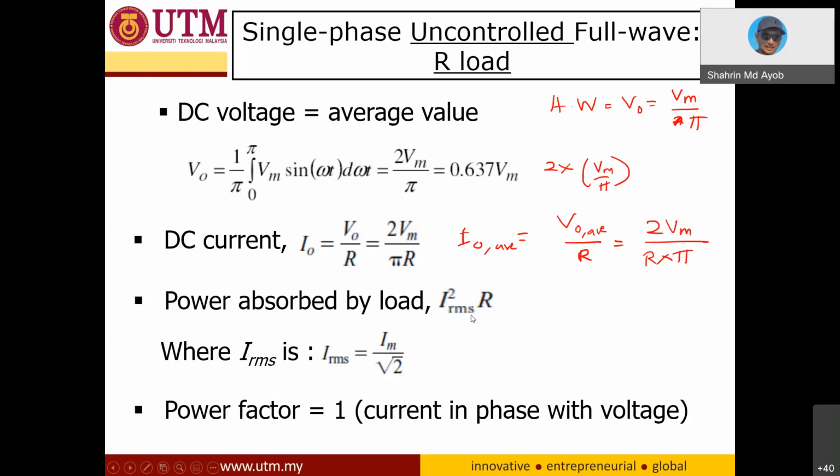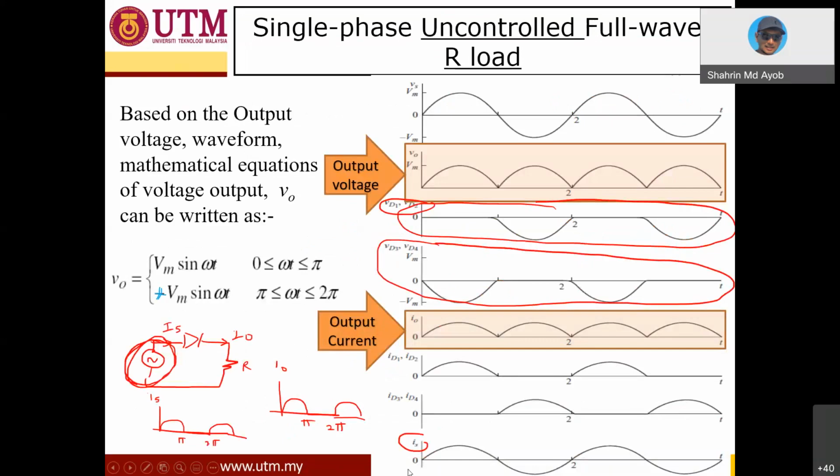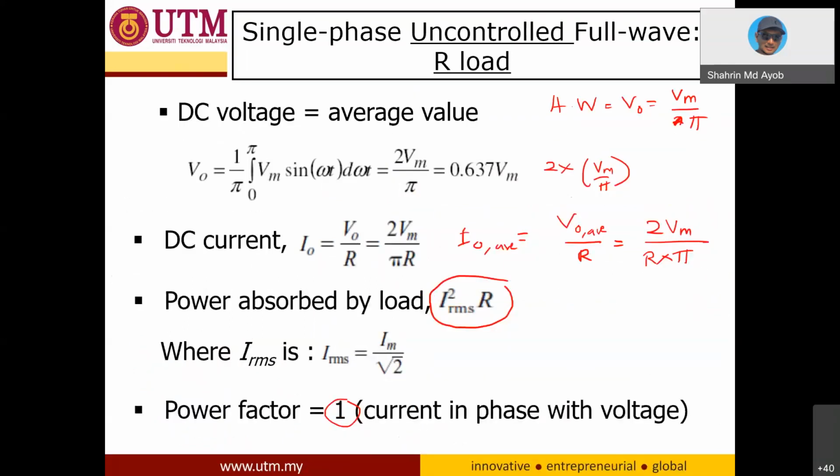And the power absorbed by the load, I think it's better to use this one, I square RMS multiplied by R. And the power factor. So the power factor is 1, okay, unity. Because as you can see in this waveform, the voltage and current are both in phase. So the power factor is unity. So that is the best advantage of the full wave uncontrolled rectifier.